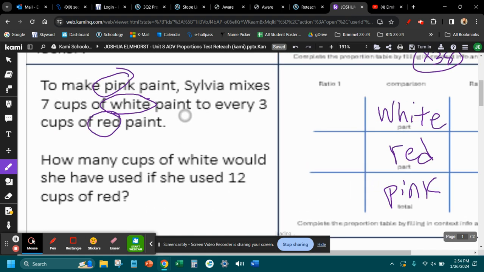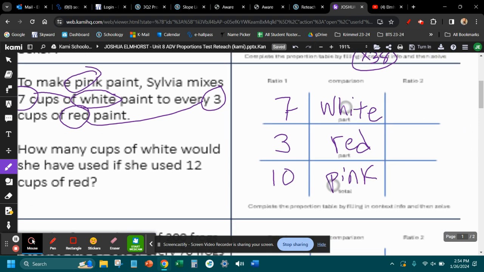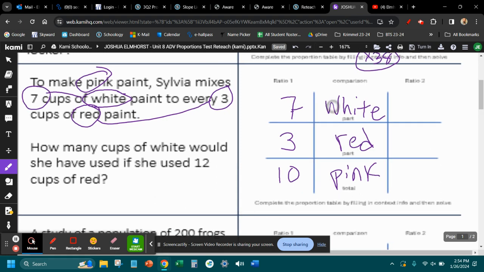Now we go into the given information and it says white is 7, red is 3, and a little mental math would tell you, you mix it all together, you get 10. So this is the given ratio information. It says how many cups of white would be used if there was 12 red.